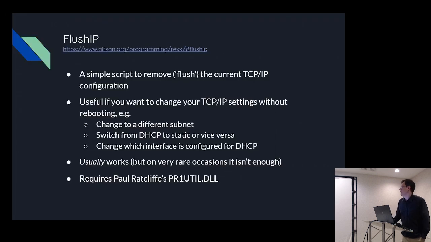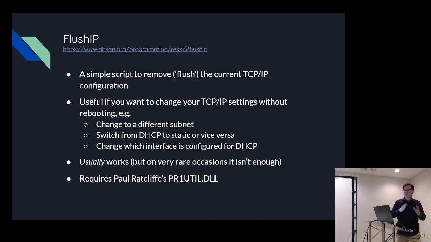So these are some of the things that you can use it for. Let's say you're using DHCP on one network, you take your laptop, you move over to another network, but you want to use a static IP address on it, and maybe it's also on a different subnet. Or let's say you're using DHCP on your Ethernet interface at home, but then you move to the office or somewhere, and now you need to use DHCP on your wireless interface, which might be LAN 1 instead of LAN 0.